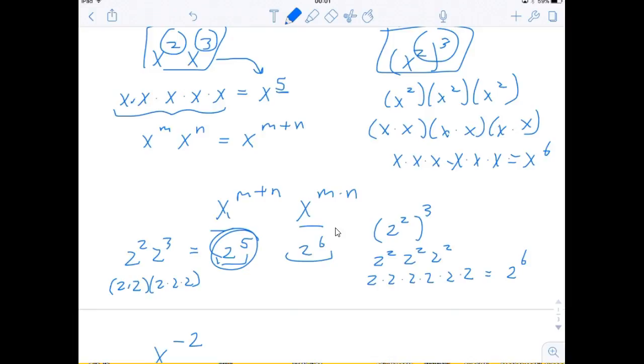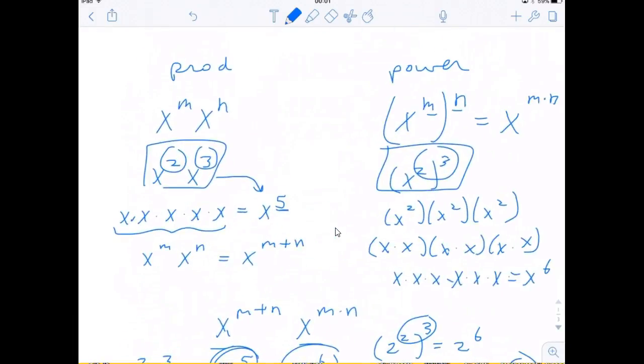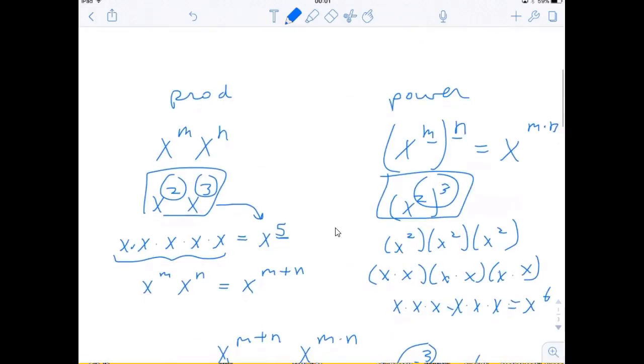Okay? So we have figured out, again, that 2 squared to the 3rd is equal to 2 to the 6th, and what I did to get that was I multiplied those two together.